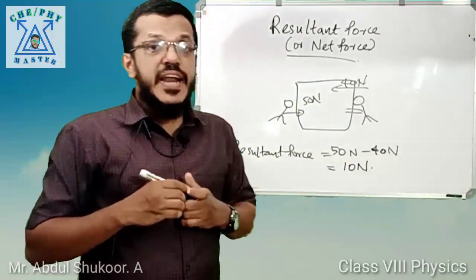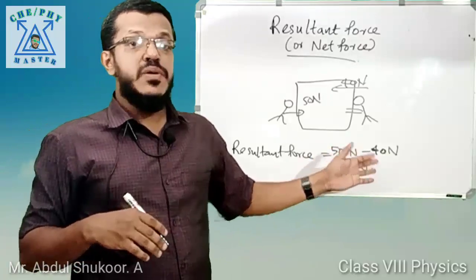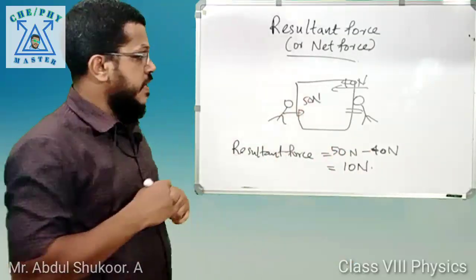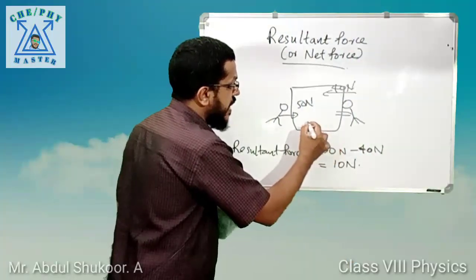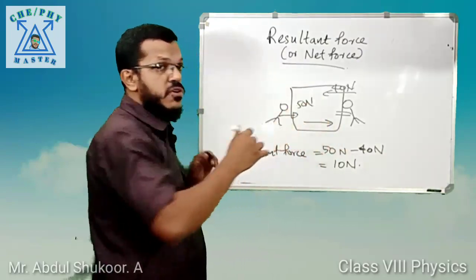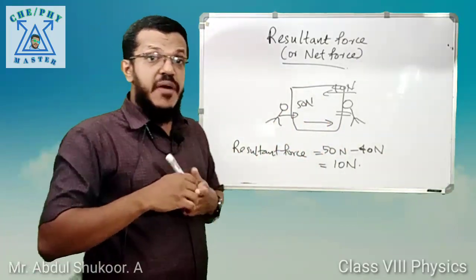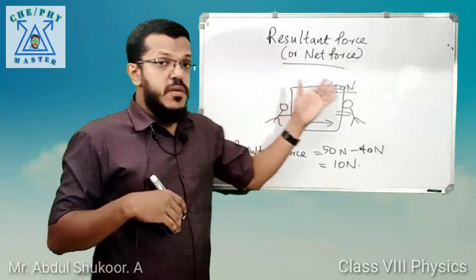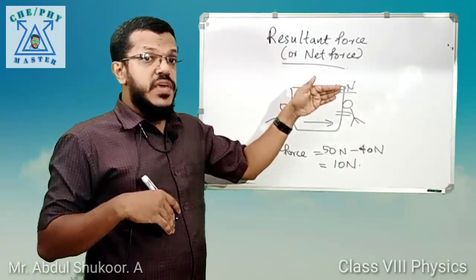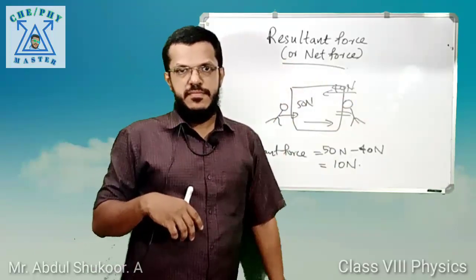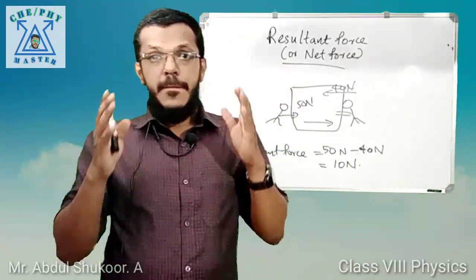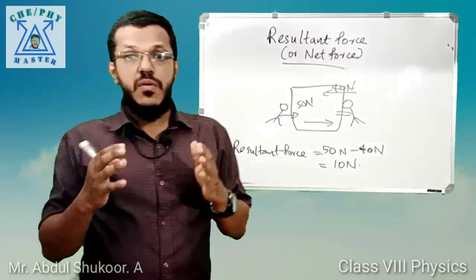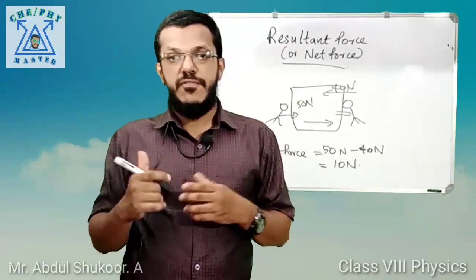In which direction will this resultant force of 10 Newton be experienced? The direction of the resultant force will be in the direction of the force which has the higher value. The direction of the resultant force will be in the direction of the higher force. That is the method we use to calculate the resultant force.